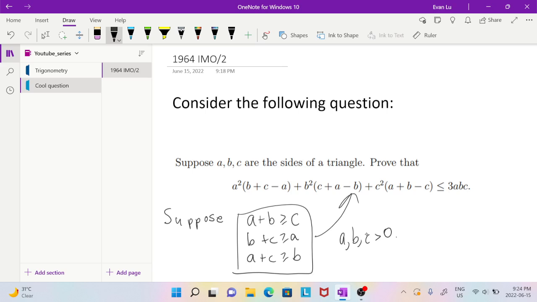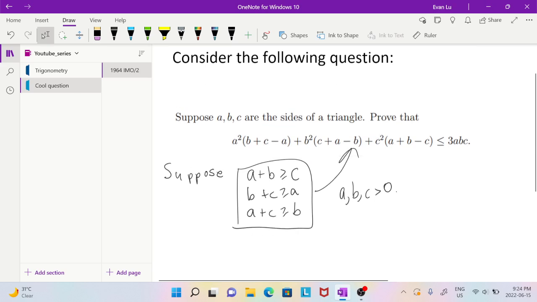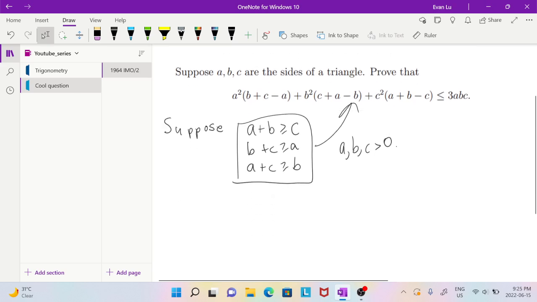If you still want to consider the question, just pause right here. But let's continue. The first thing I want to do is motivate something. We have a bunch of squared terms, A squared, B squared, C squared, and we have things like A plus B minus C, so we have some minuses.